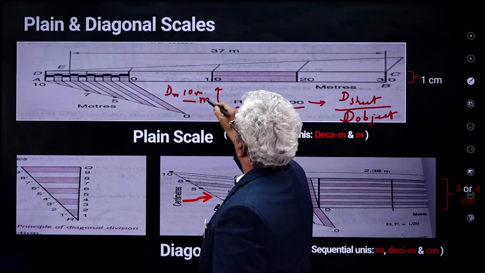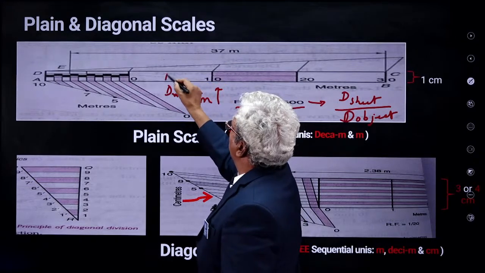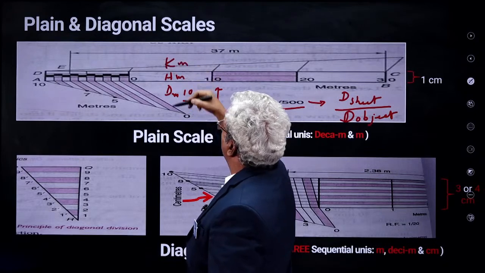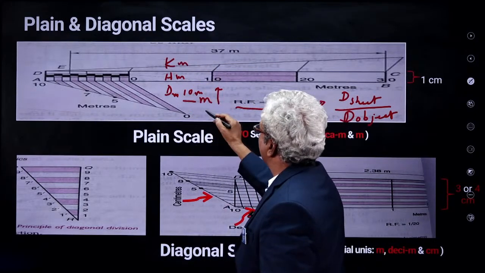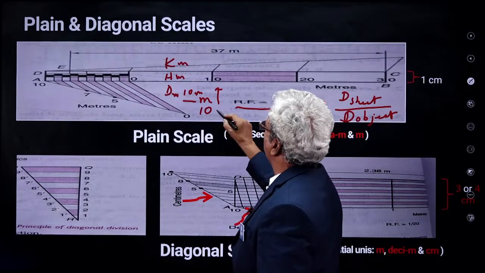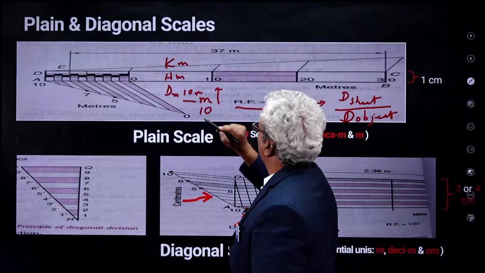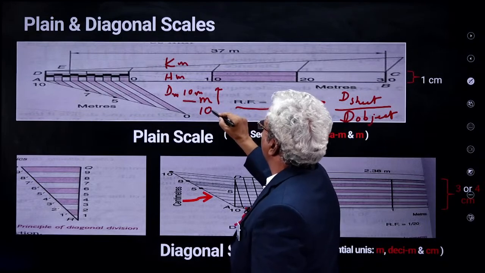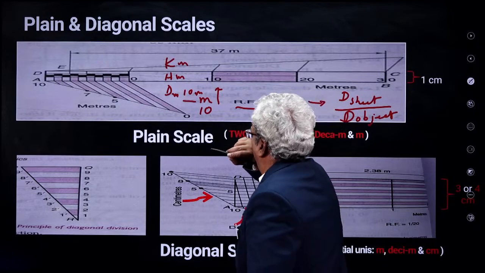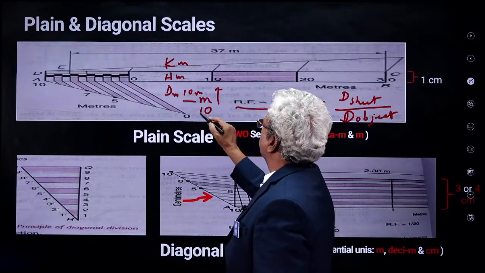And 100 meters it is 1 hectometer. 1000 meters it is kilometer. If you come down, decimeter, 100 centimeters is 1 meter, whereas 10 centimeters is 1 decimeter. That is 1/10 of the meter.